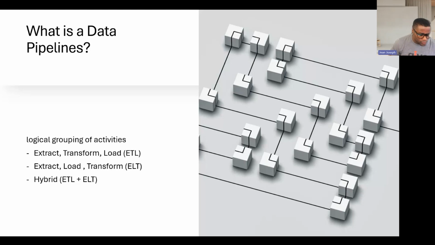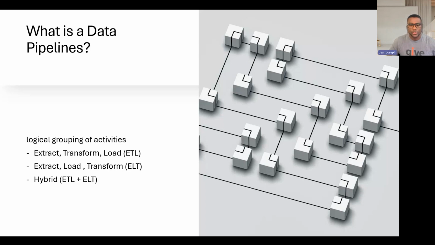If we go over a hybrid approach, right? It might be used when certain transformations need to occur before loading the data, and others can occur after loading the data.